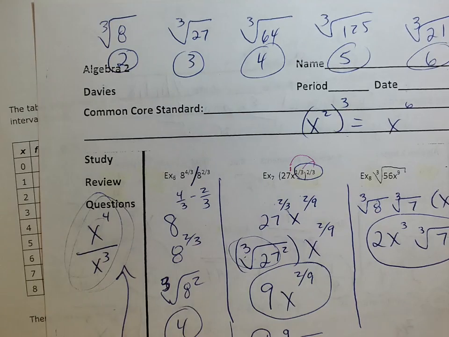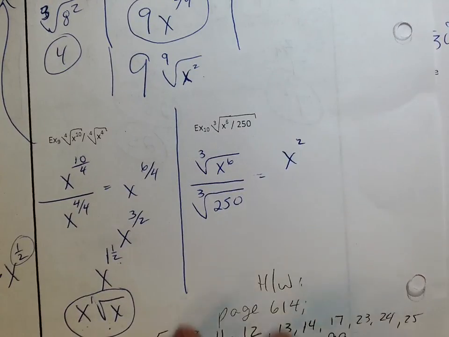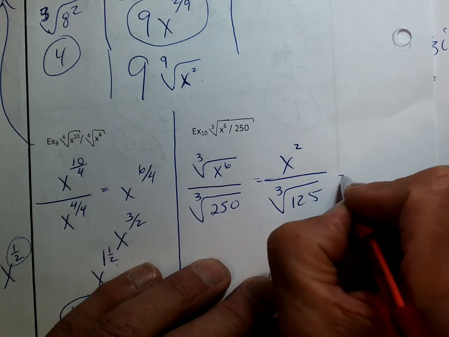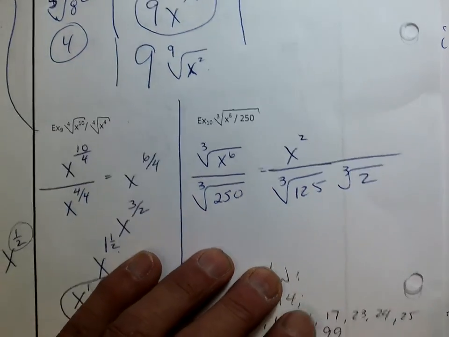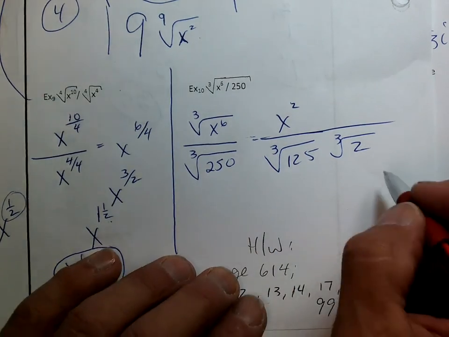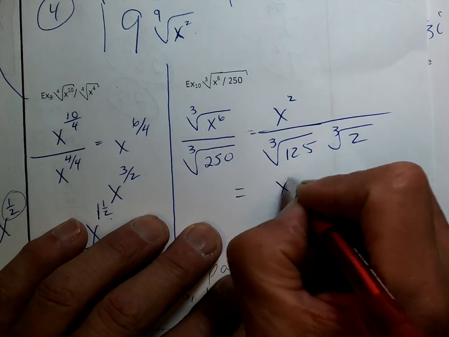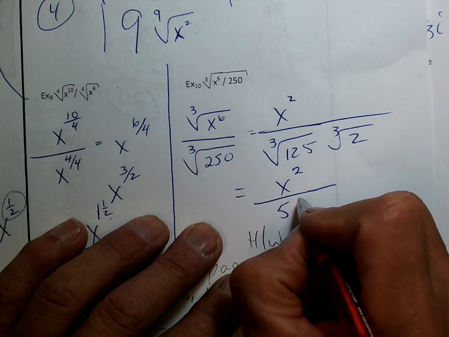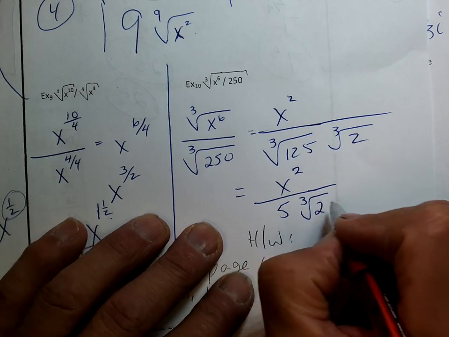There we go. So, Mr. Big Candy says, how about we do the cube root of 125 times the cube root of 2? You okay with that? All right, let's see what we got. We're going to have x squared over 5 times the cube root of 2.